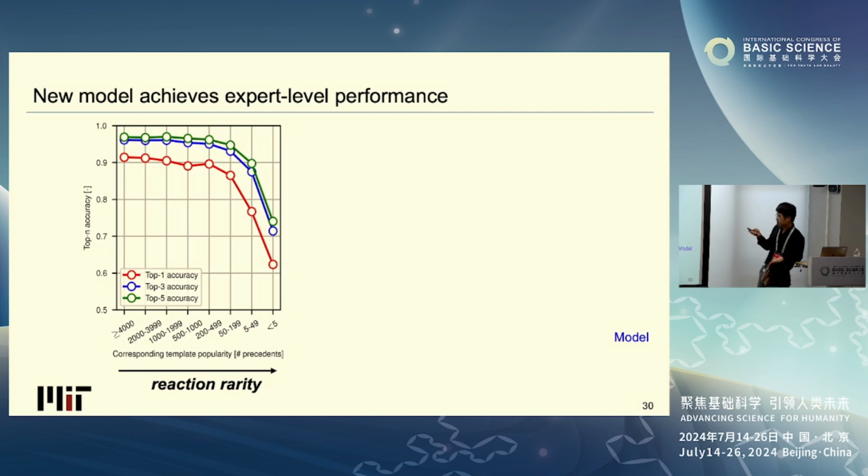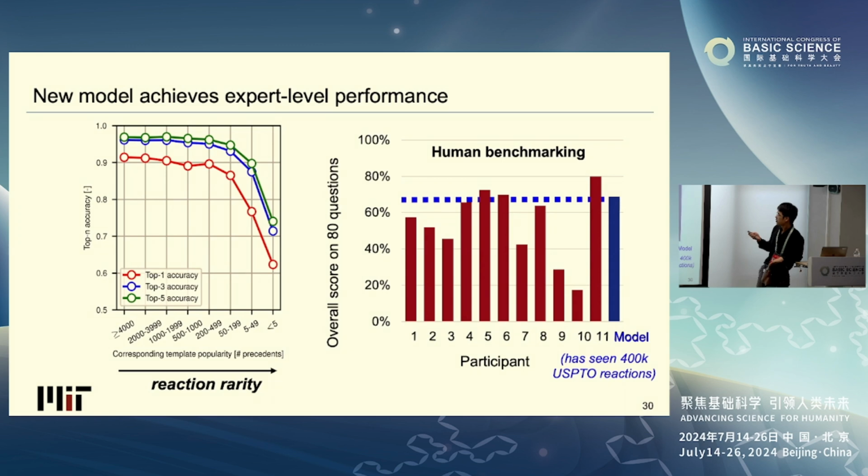And then we compare that with human performance from 10 chemists and chemical engineers with different levels of knowledge. We see that the model performance lies in the upper range, comparable to one of the best human experts.